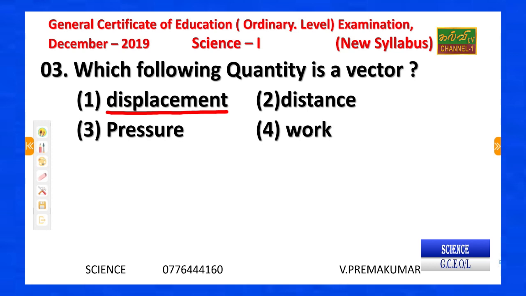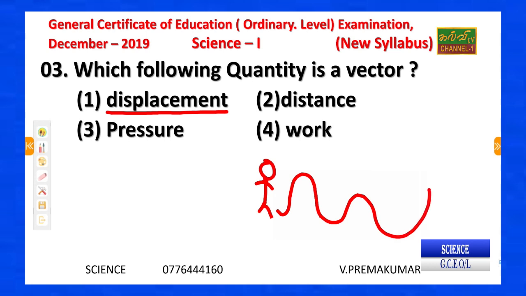Why? Displacement contains magnitude with direction. Distance is the length of the path of travel, meaning the person is moving here and there and everything. So this is 70 meters from A to B, that is distance.